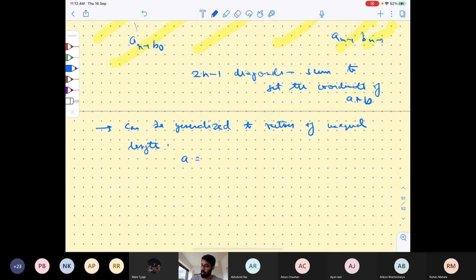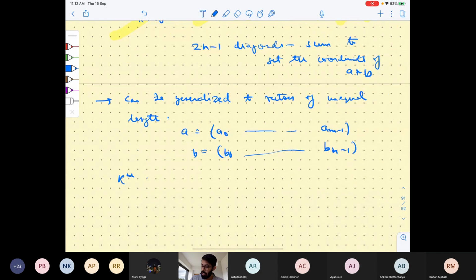Suppose A is equal to A0 to Am minus 1, B is equal to B0 to Bn minus 1, and then again you do the same thing. That kth coordinate is going to be summation of ai bj, such that i plus j is equal to k. Right? And again, i is less than m, j is less than n.